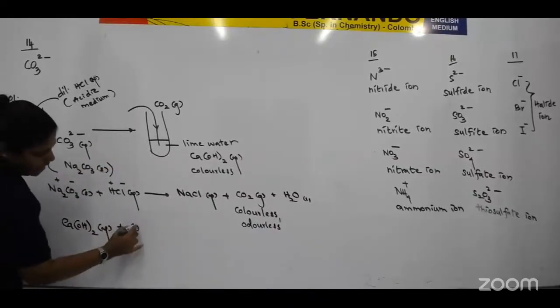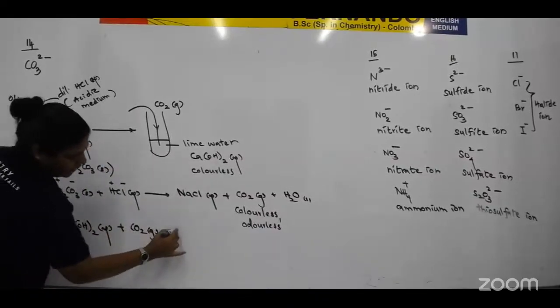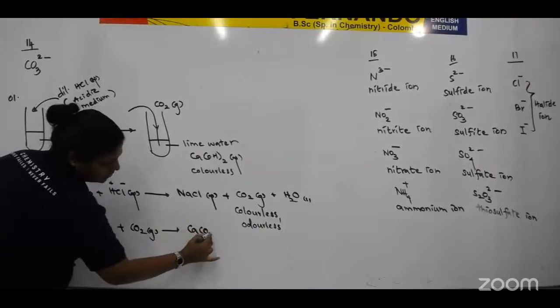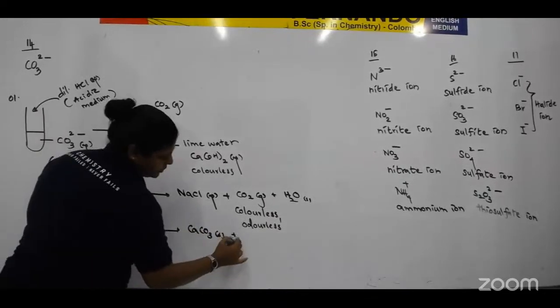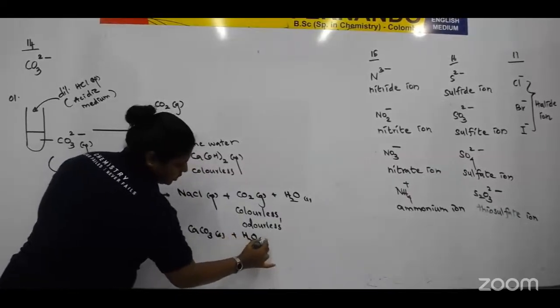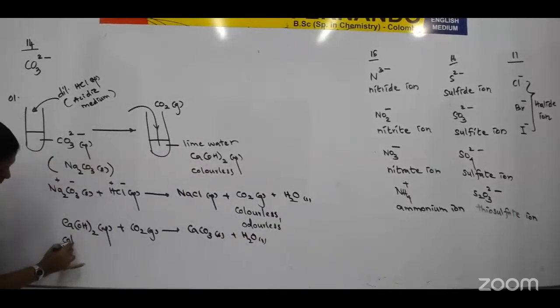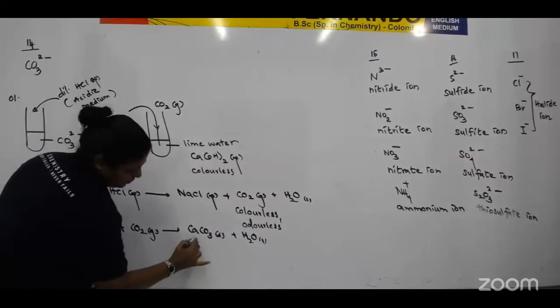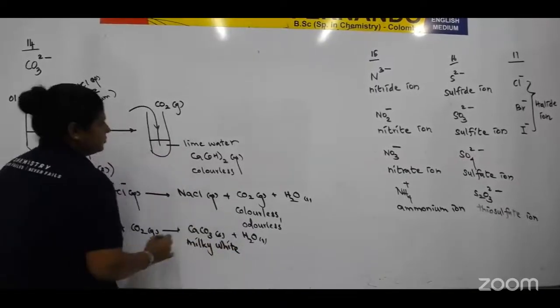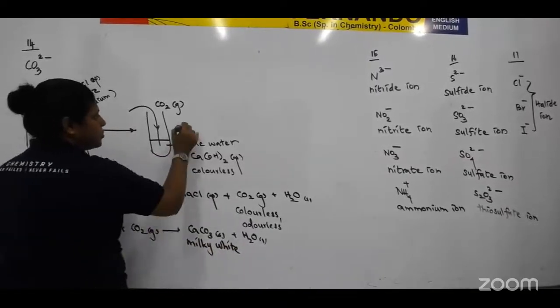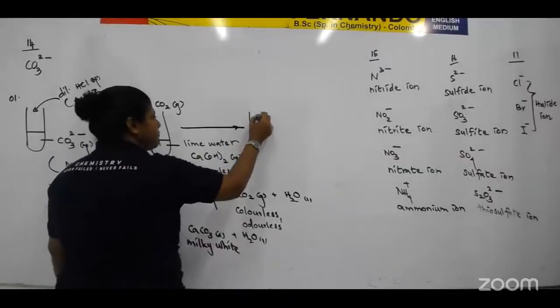When there is carbon dioxide, it produces a milky white precipitate plus water. The colorless solution turns milky white. That is the first observation.